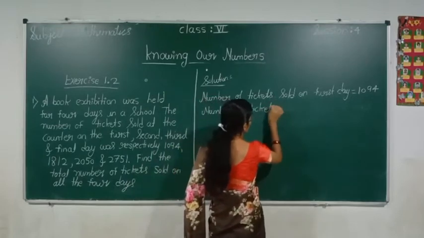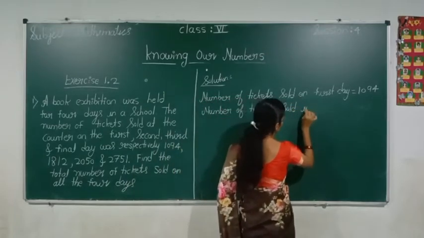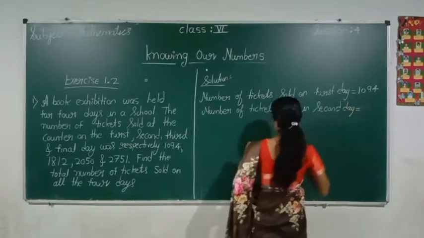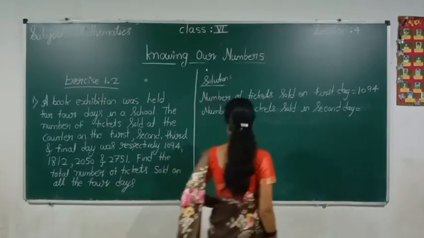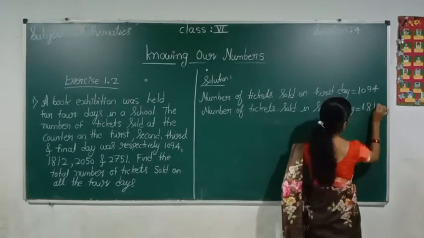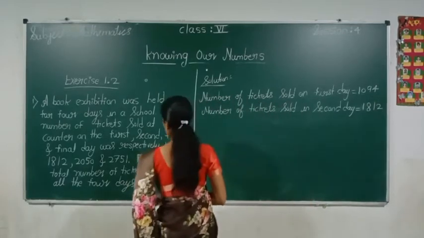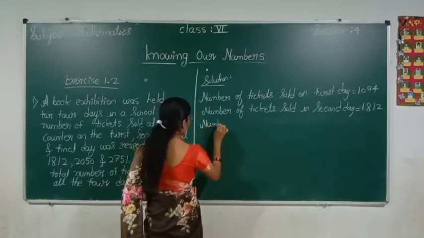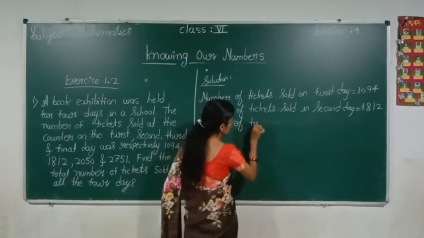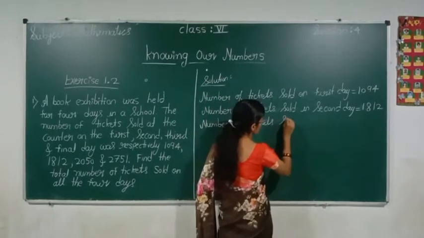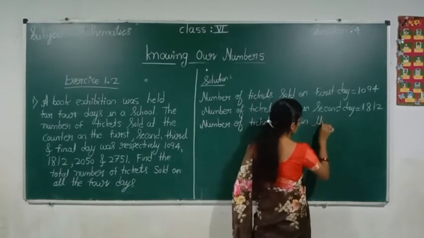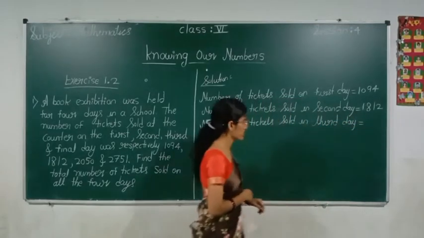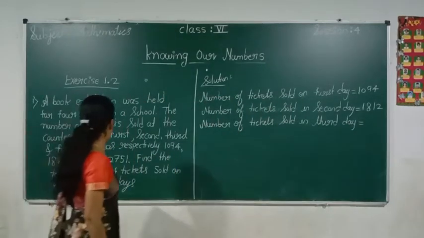How many tickets were sold in the second day? That is 1812. Now we will see how many were sold in the third day. Number of tickets sold in third day. How many tickets were sold in the third day? It is 2050.